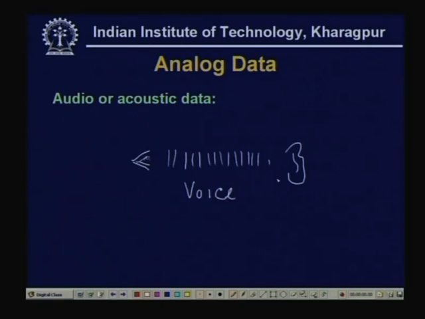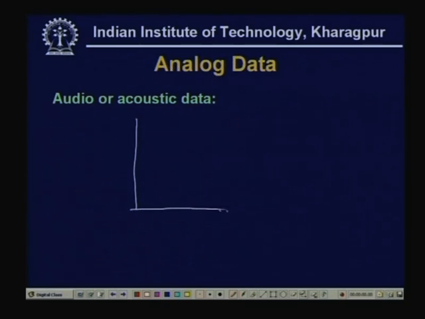Now, if we want to represent it in time domain, or let it be instead of time domain, let me represent it in frequency domain, that will be more clear. So, here we write in frequency domain.